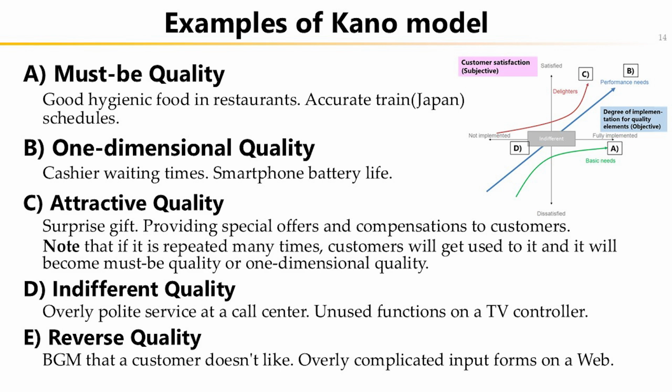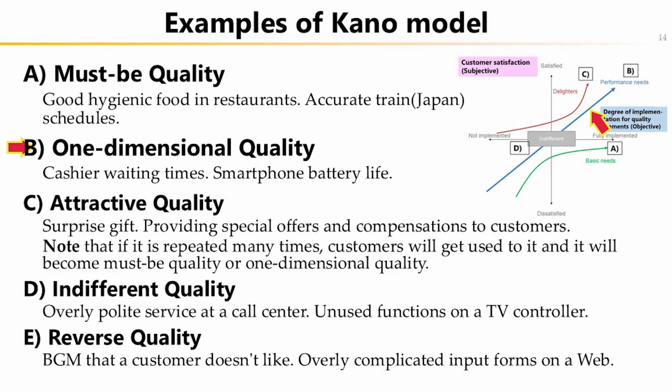Here, examples of the Kano model will be shown. Examples for must-be quality are good hygienic food in restaurants or accurate train schedules. This can be seen in Japan. These services have the characteristics of the curve A. Examples for one-dimensional quality are cashier waiting times, or smartphone battery life, and so on.